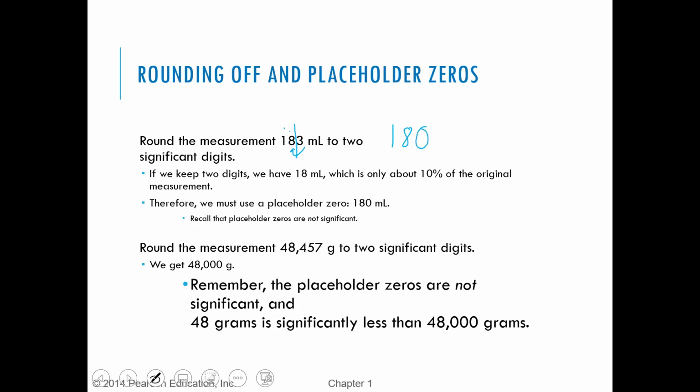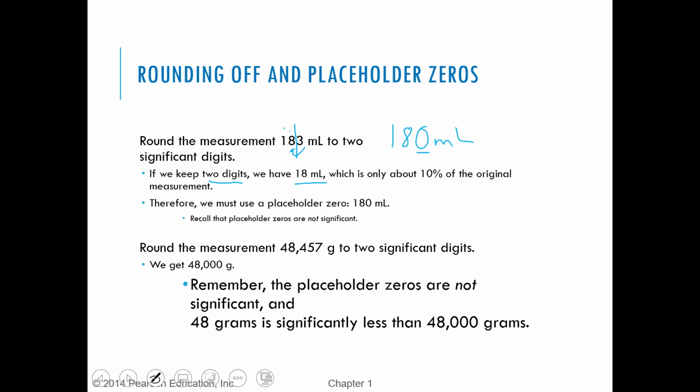I need to put a 0 in for that placeholder. You can't have, like we said, if we only kept 2 digits, 18 milliliters is only about 10% of that 183 milliliters. So you need to add that 0 as a placeholder. And remember, that's okay to do that because this is a trailing 0 to the left of the decimal. That is not a significant digit.